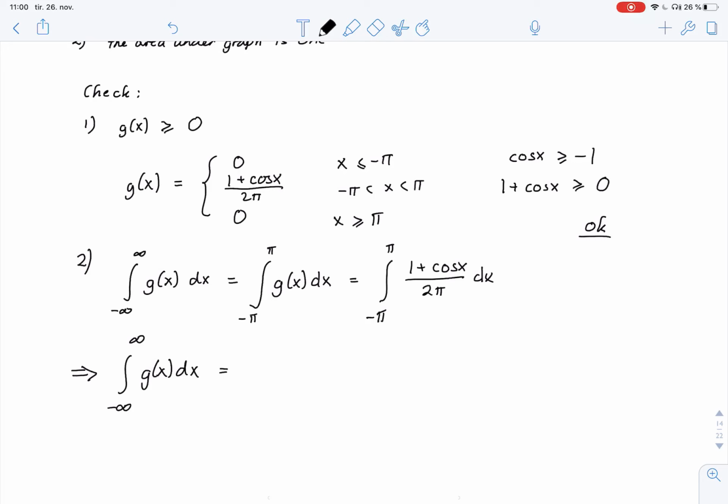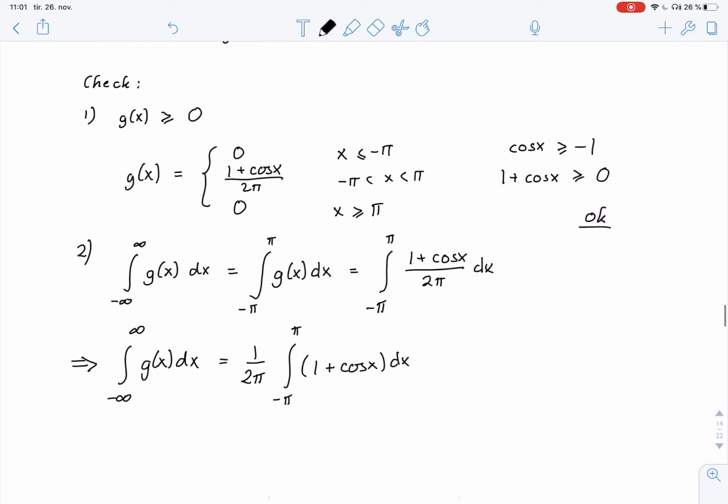Okay, let's put 1 over 2 pi in front. That will make it a little bit easier. So you can do it like this.